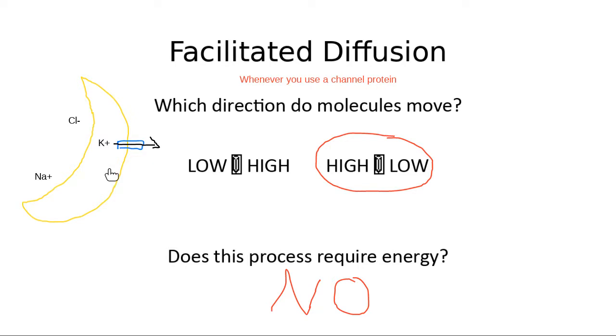Okay, let's do a channel protein for sodium. Let me draw myself a sodium channel over here. When I open up a channel protein for sodium, which way is sodium going to go? Is it going in or going out in facilitated diffusion? Yeah, sodium is going in because I've got a lot of it outside and not as much of it inside.